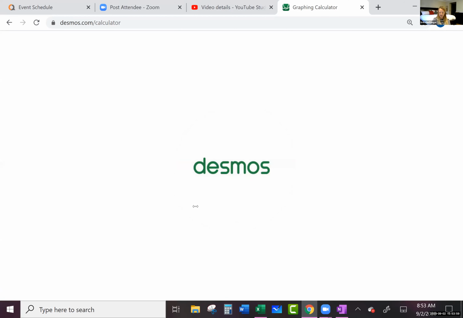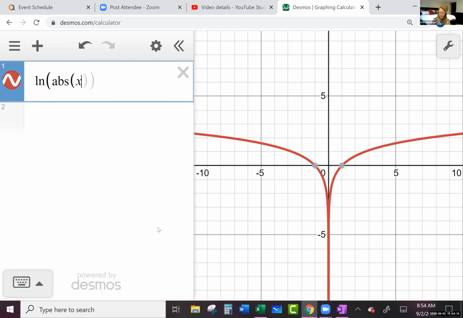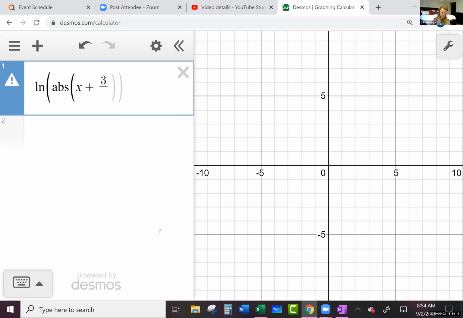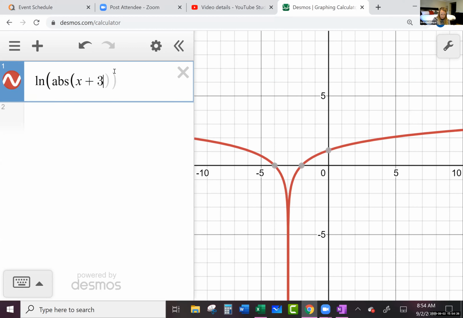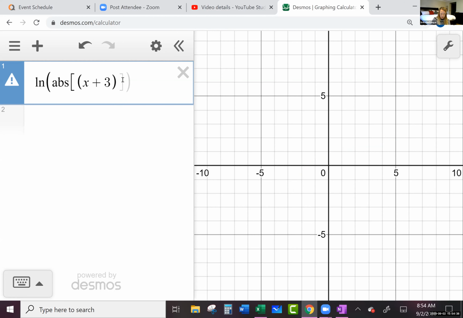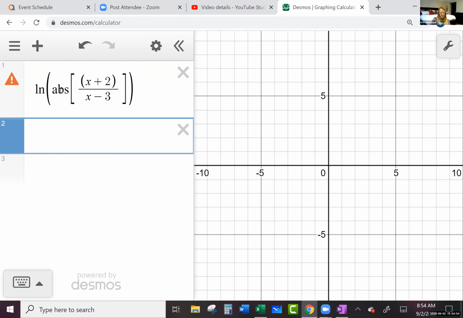Okay, so we're going to plug in that equation. I'm hoping I know how to write that. ln of (x plus 3) all divided by... that should have been x plus 2, divided by x minus 3.